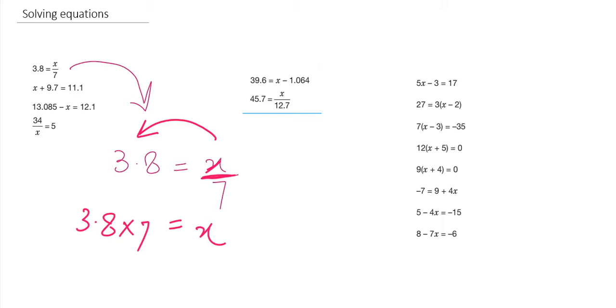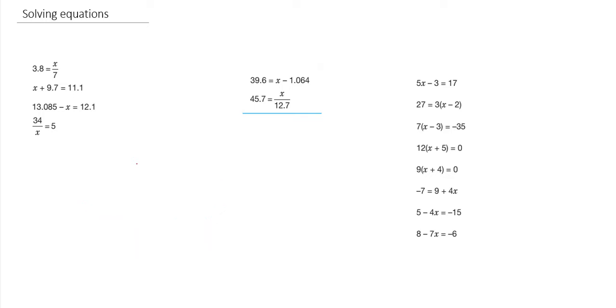Okay, let's take another example, the second one. That is x plus 9.7 equals 1.1. Again, you have to take out the value of x.